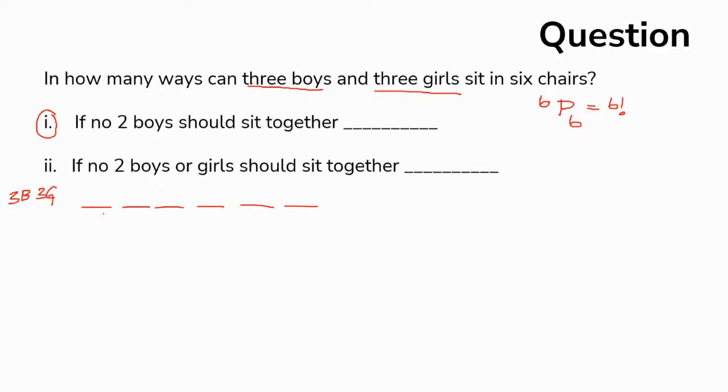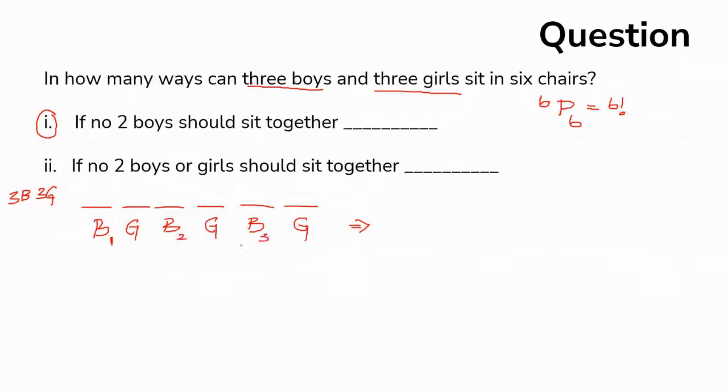One boy in this place, then girl, boy, girl, boy, girl. Is it possible? Yes. Is it only one arrangement? No, guys. Look here. There is no compulsion that the first boy should sit here, second boy here, third boy here.